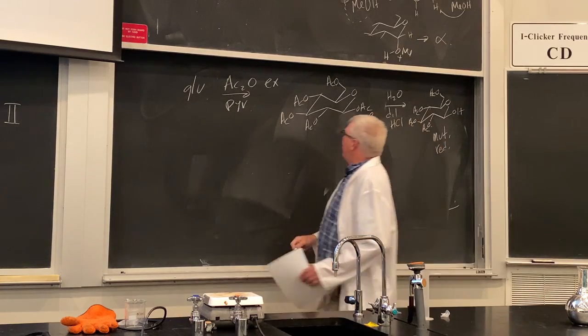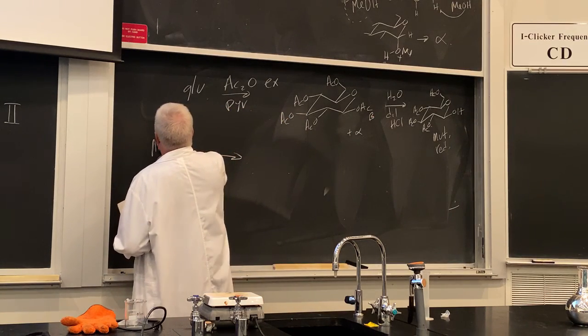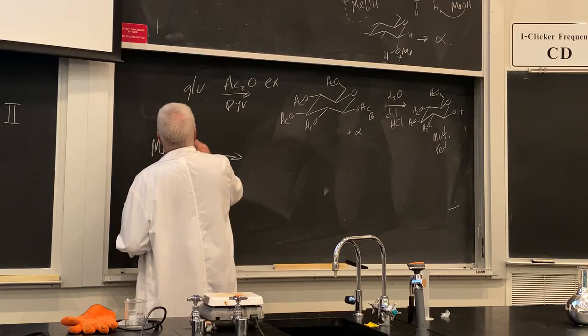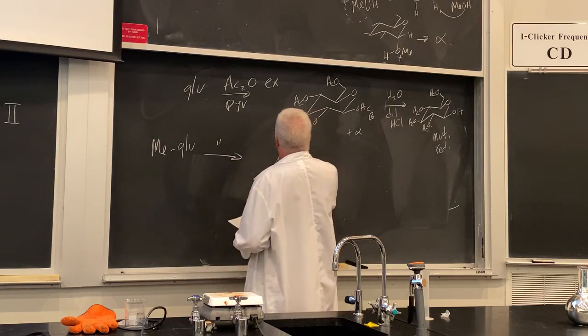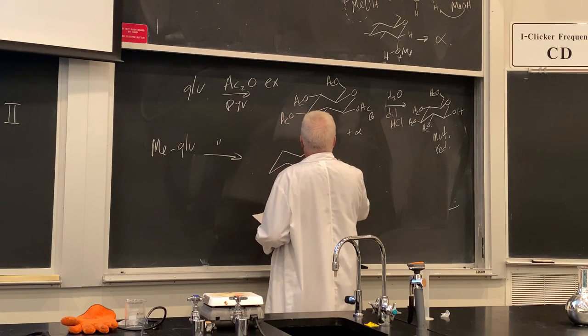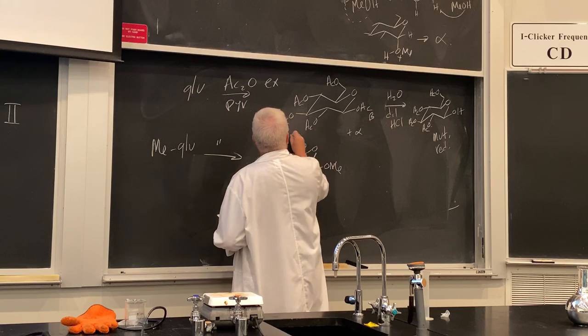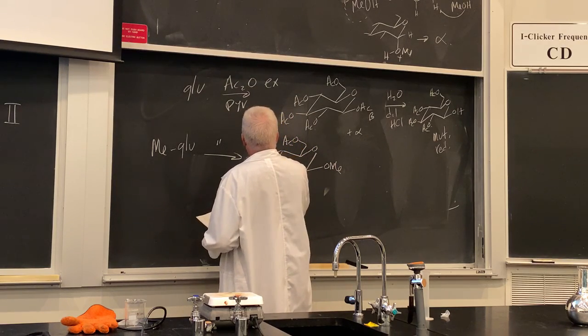Okay, let's take this one where we had the methyl on the glucose, and let's treat that with the same thing, with the acetic anhydride. We'll get our methyl ether still there and our acetates on there.